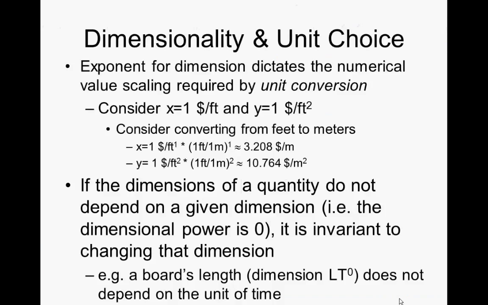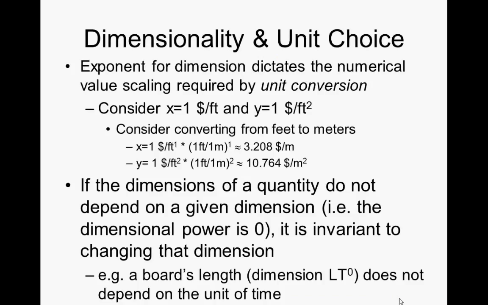If I have something at dollars per foot, and I decide I want to measure time, instead of in seconds, in years, I multiply it times that conversion constant, seconds per year, to the 0th power, which is 1. So it doesn't change. When I convert units in this way, it doesn't change because it's to the 0th power. Okay?